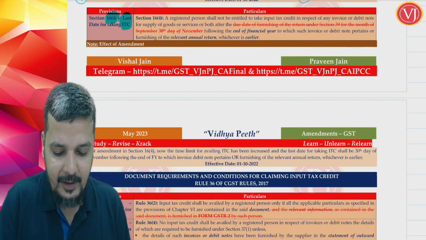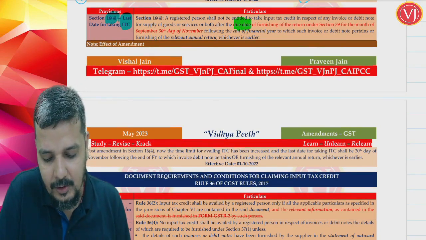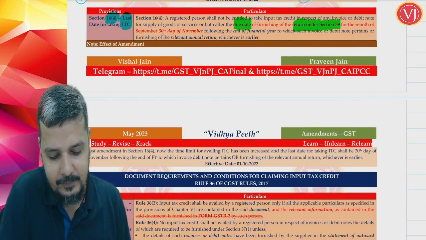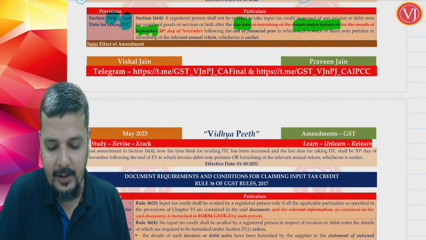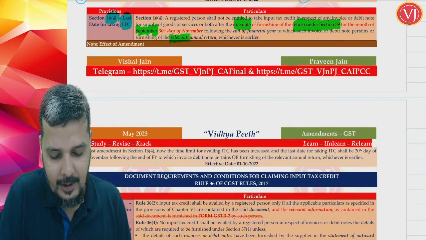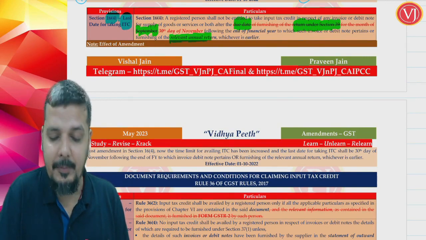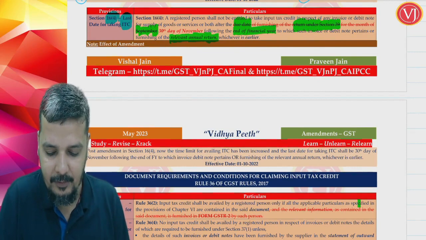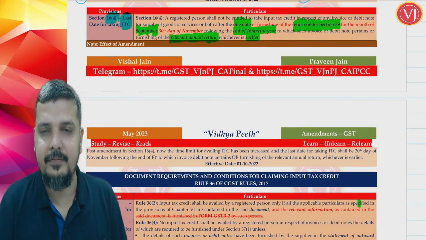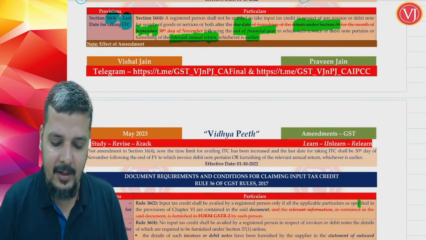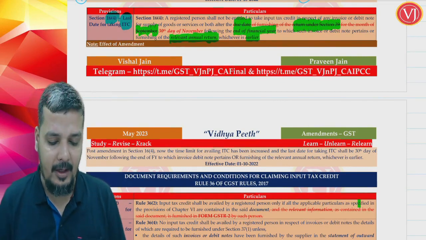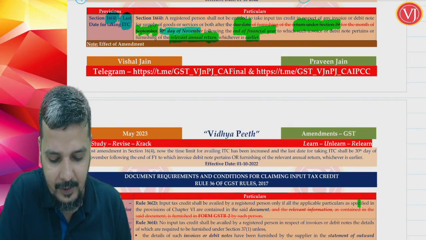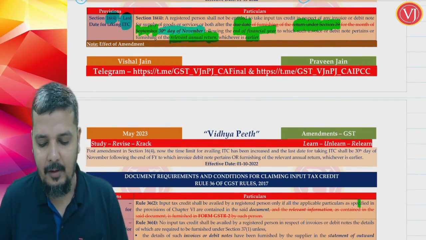Previously, the last date for taking the credit was the due date of September return of the succeeding financial year, or actual date of annual return, whichever is earlier. Now they have removed that due date of September month return of next financial year, and they have replaced it with 30th day of November of next financial year.